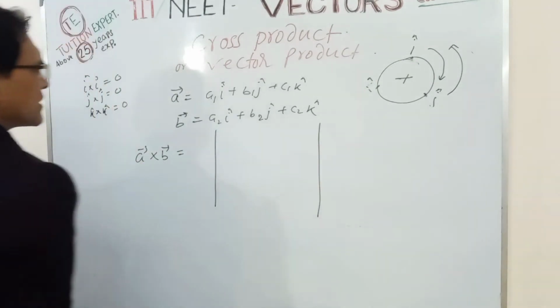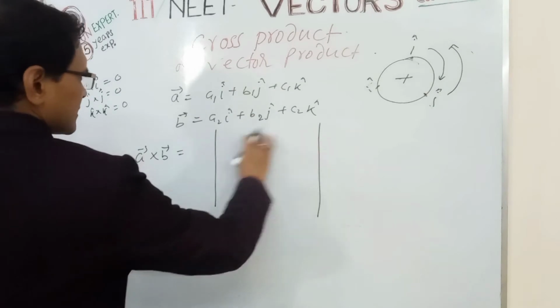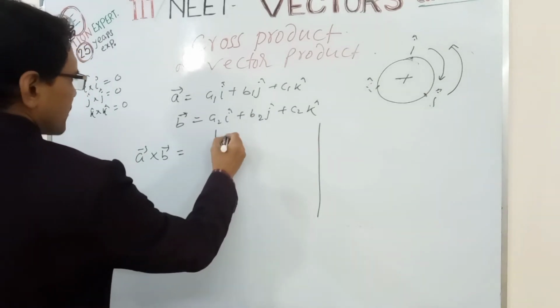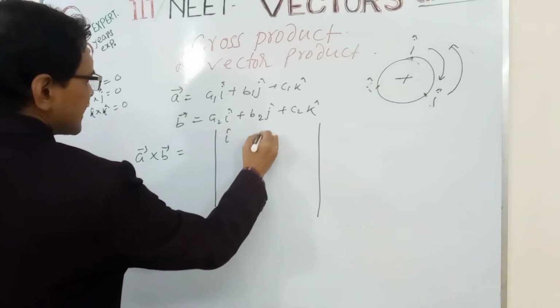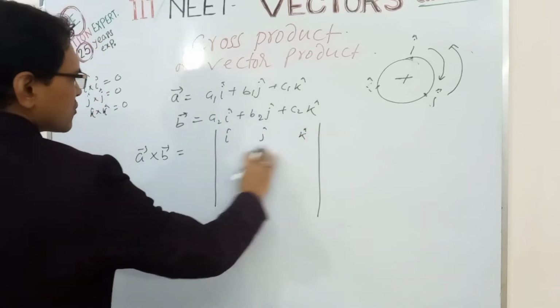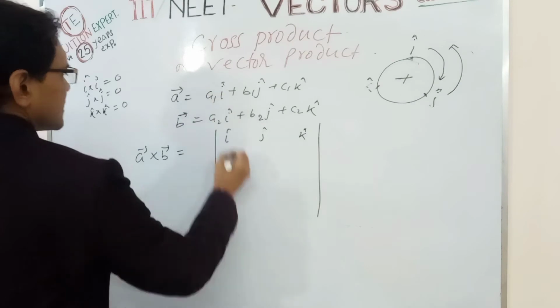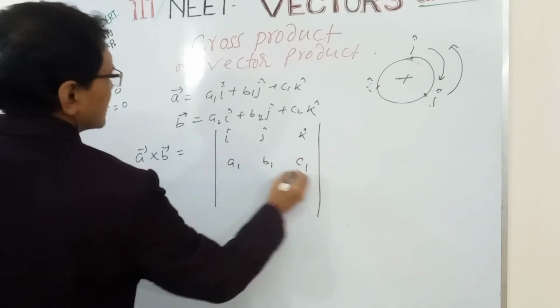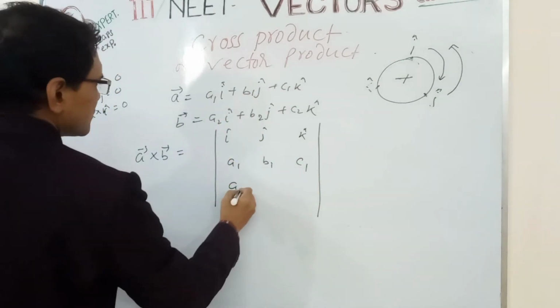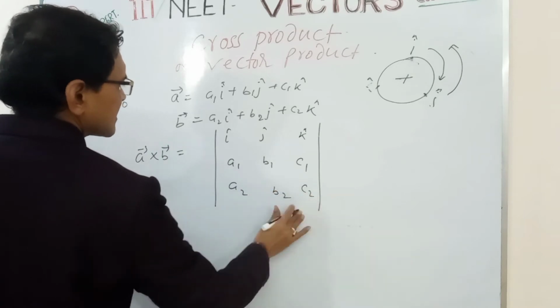This is called a determinant. So here write 3 rows. In the first row you write i, j, k. Second row will be a1, b1, c1. Third row will be this.